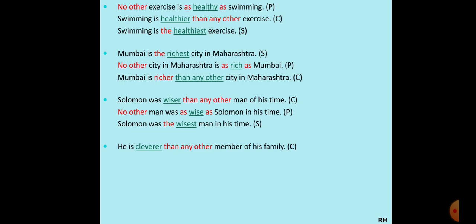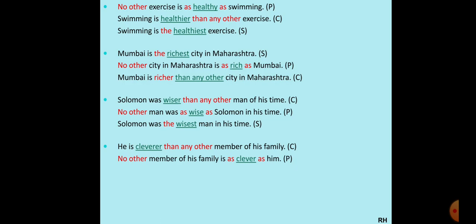He is cleverer than any other member of his family. Cleverer than is a comparative. So we'll change it into positive. No other member of his family will come in the beginning. Then is as clever as. Clever is a positive form. As him.